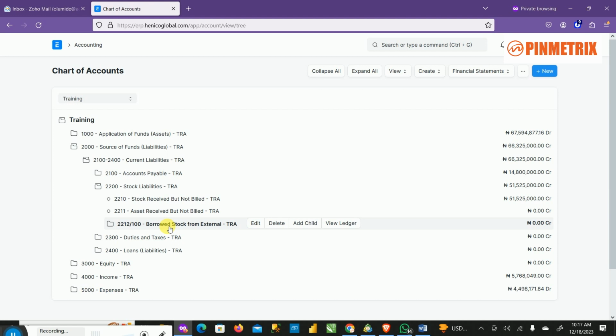So when you are returning the stock, the system will use 2 naira, because even with weighted average and everything, the cost has been constant all through.